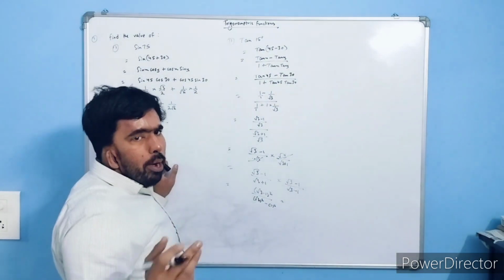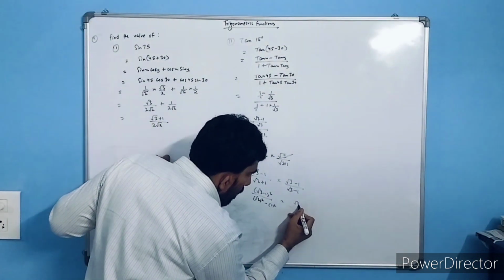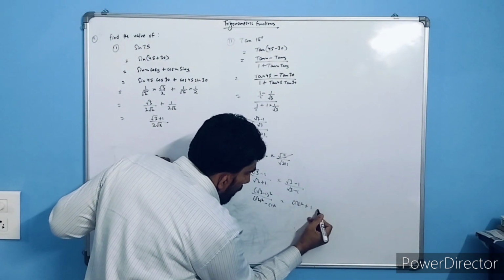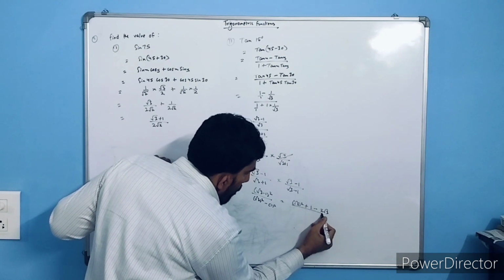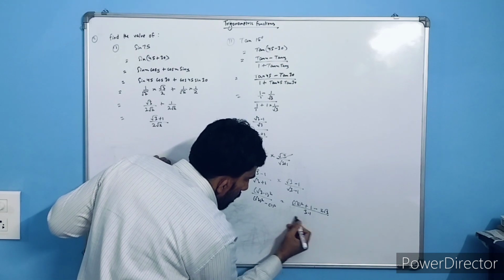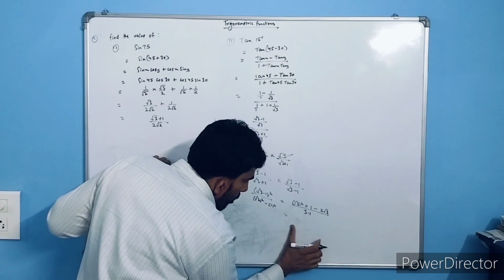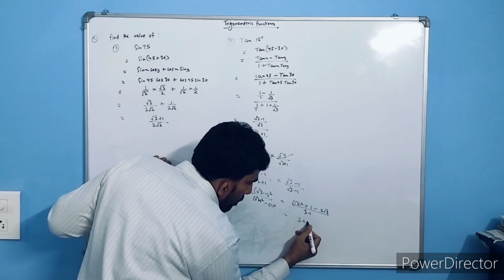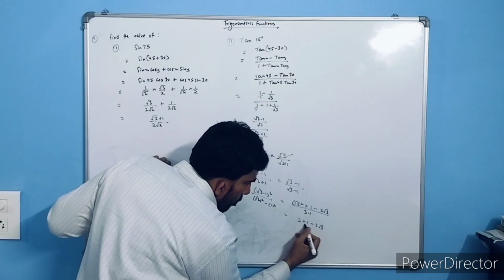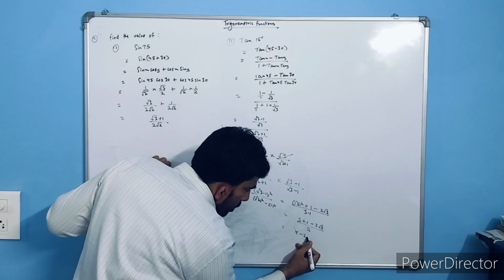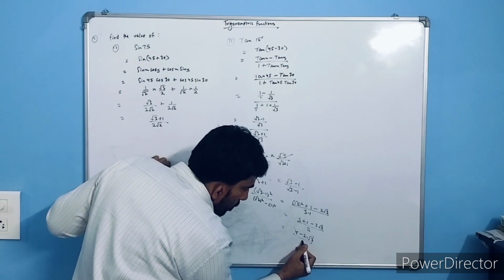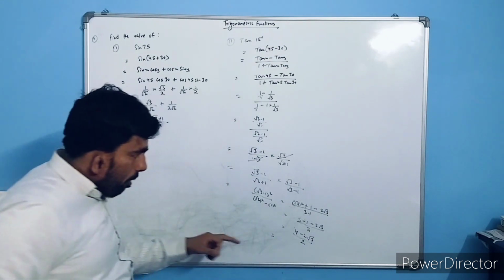apply the formula for the square, a minus b whole square, a square plus b square minus 2ab, upon what is left, 3 minus 1 is 2. So 4 minus 2 root 3 upon 2. What can we do here?